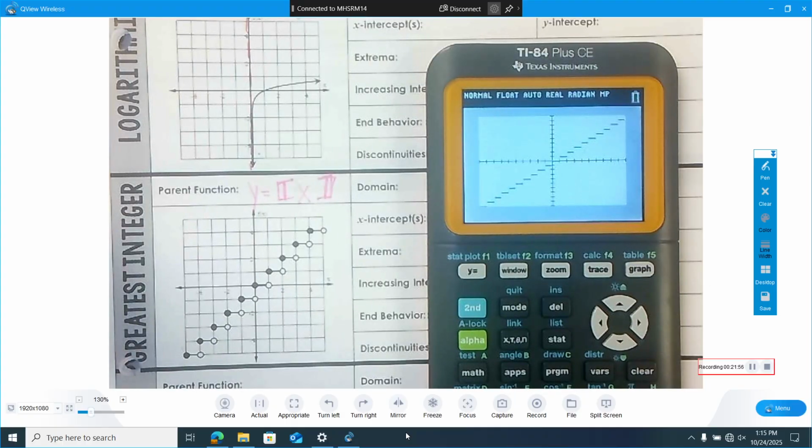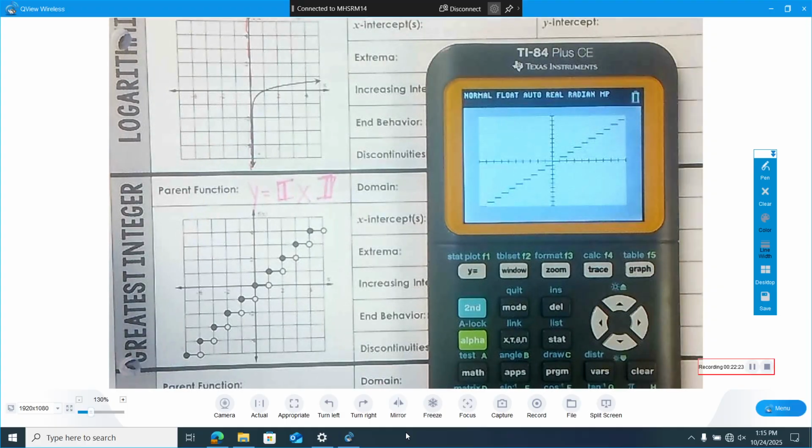I didn't do that. I don't know why yours is doing that. Let me factory reset. Reset all RAM. Okay, let's see what happens now. Math, number 5, zoom 6. There you go. Yes, you're just doing that.